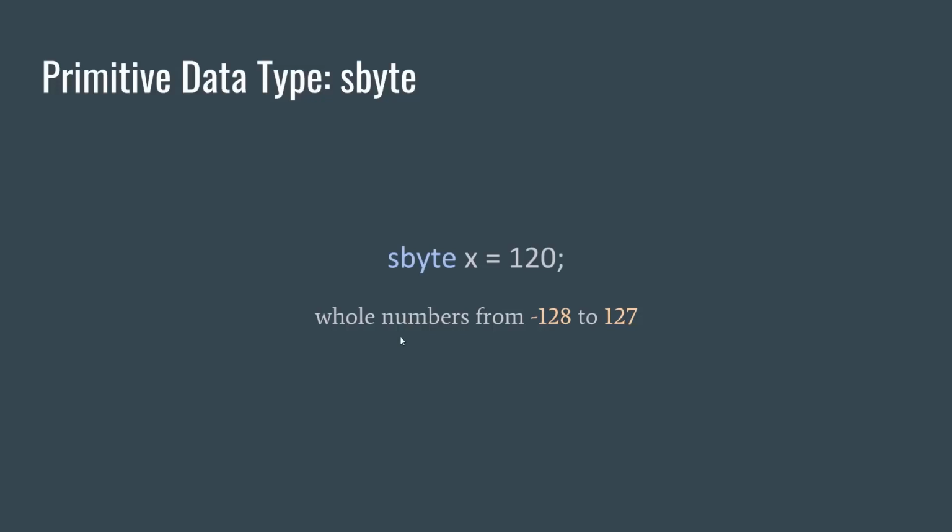And it will simply store whole numbers from -128 to 127. So it will in total be able to store 256 different values. And that is because the 0 has to be stored in there as well. So you see, sbyte is very small, but it can also only contain very small numbers.